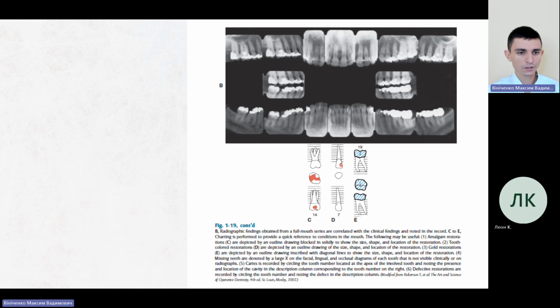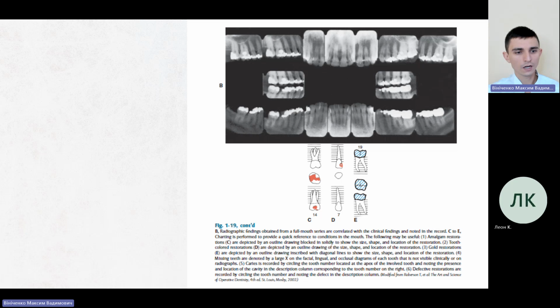Amalgam restorations are depicted by an outline drawing blocked in solidly to show the size, shape, and location of the restoration. Tooth-colored restorations are depicted by an outline drawing of the size, shape, and location of the restoration.